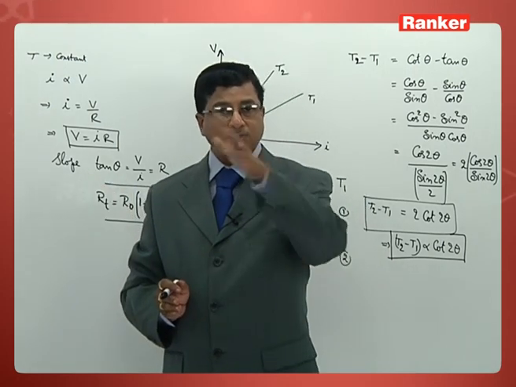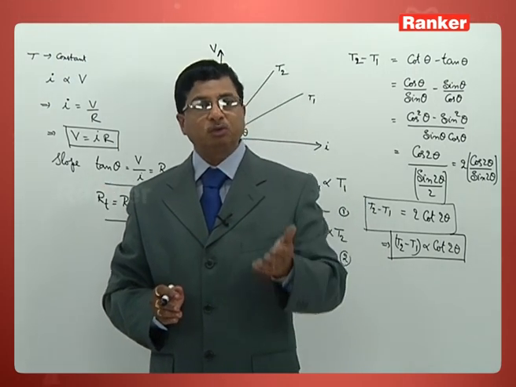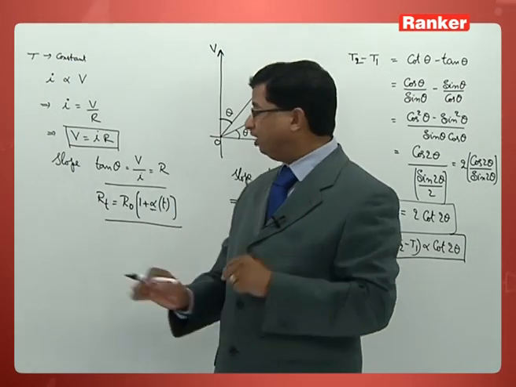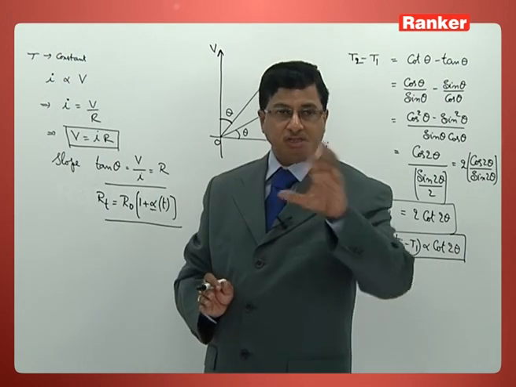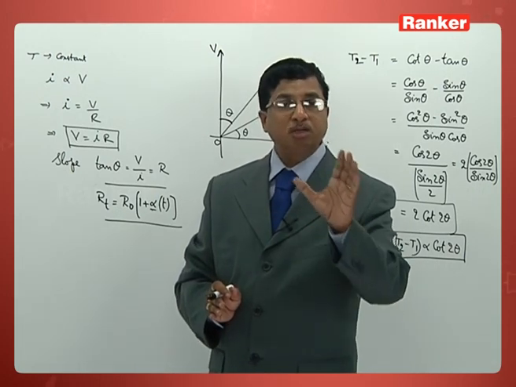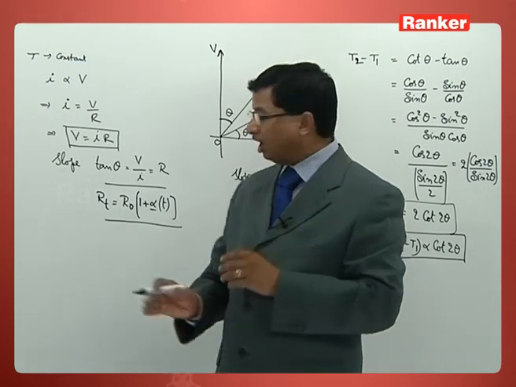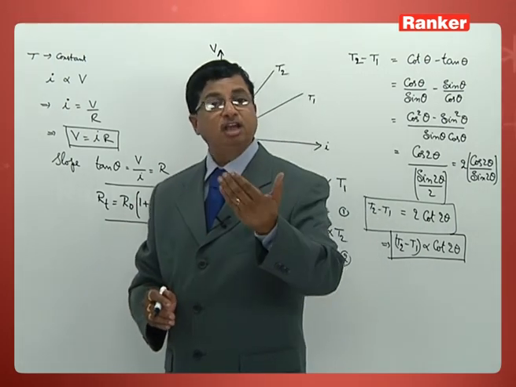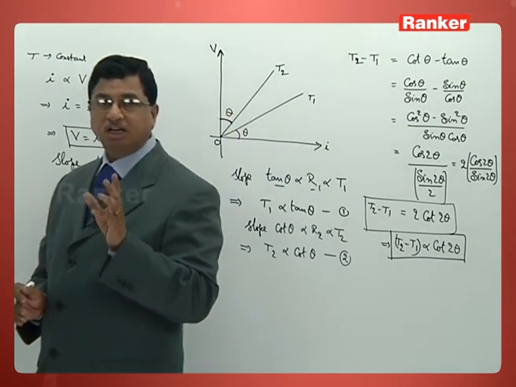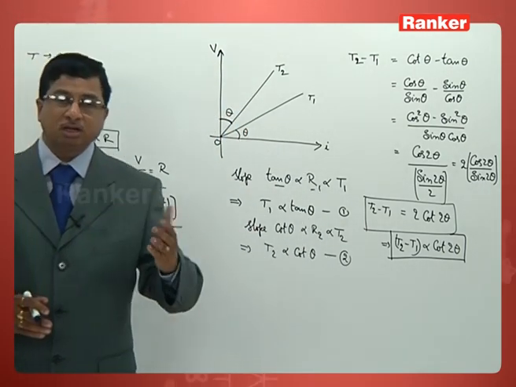So when you talk of these resistances, you can easily recollect that if alpha is positive for any material, it should be an ohmic conductor or ohmic material. If you come across a negative sign for alpha, then one should consider it a non-ohmic resistance.